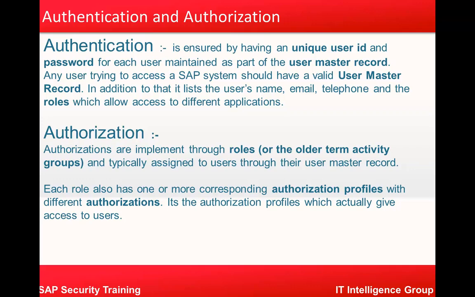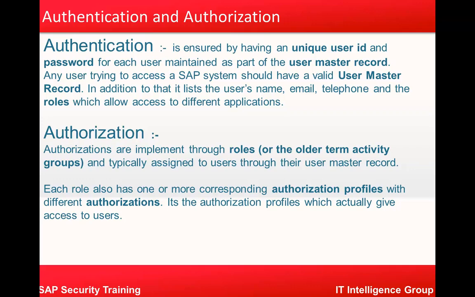Authorizations are implemented through roles, or the older security term, activity group, which was used in previous versions of SAP, and are typically assigned to users through their user master record. Each role has one or more corresponding authorization profiles with different authorizations. It is the authorization profile which actually gives access to users.